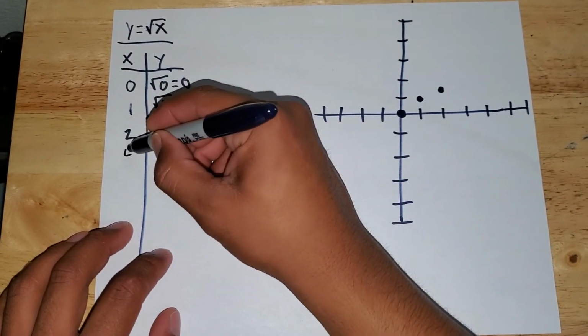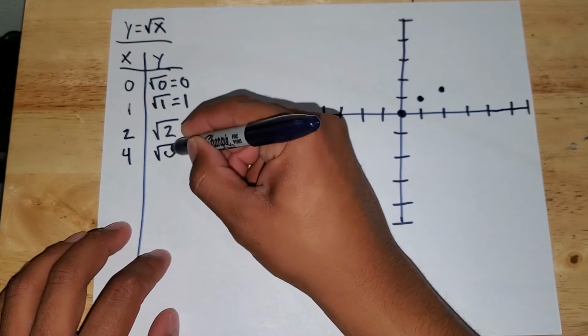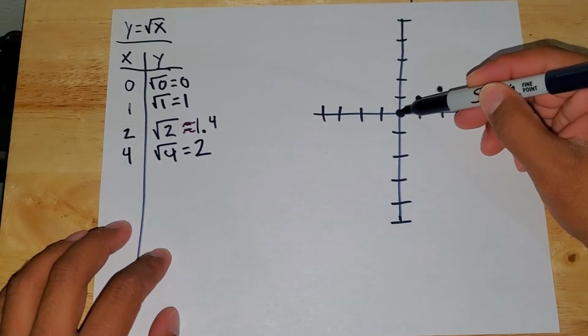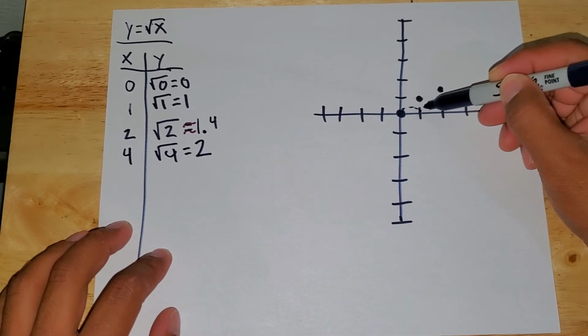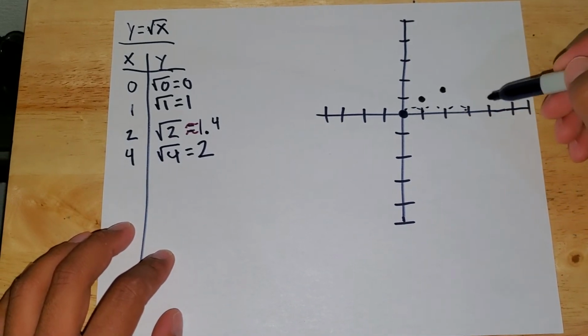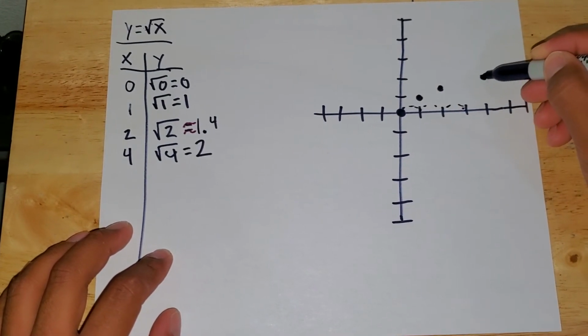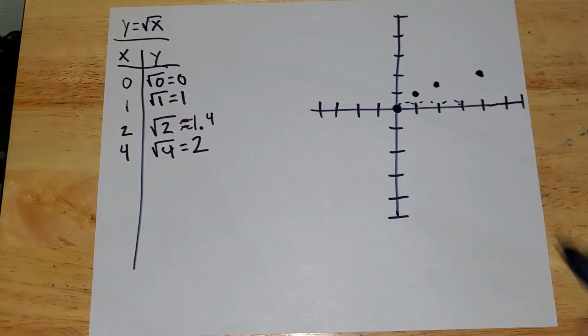But if I plugged in 4, I know the square root of 4 is 2. So if I go over 4 to the right, 1, 2, 3, 4, and I'm going to go up 2. And these are a little bit nicer.